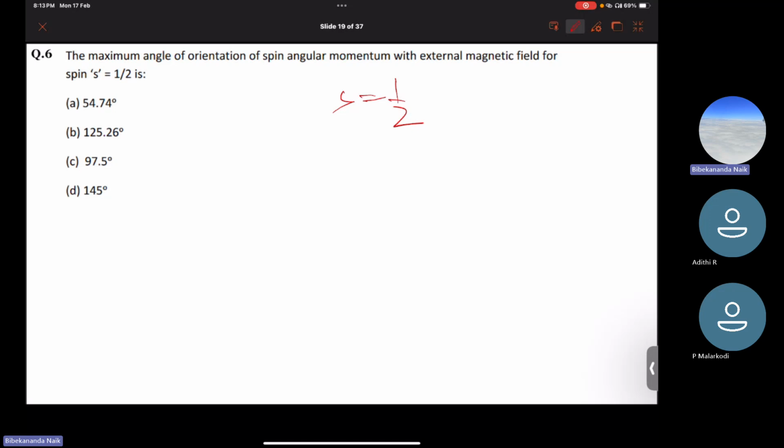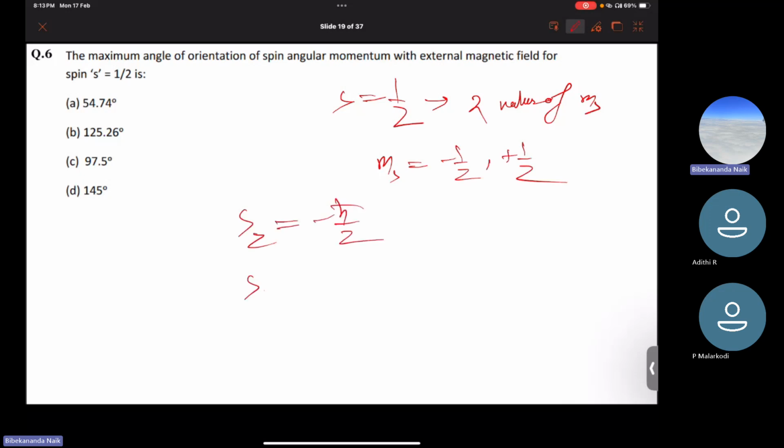So you see, for S equal to half, we have two values of ms. The values of ms are minus half and plus half. So Sz is minus h cross by 2 and plus h cross by 2. So S is root over half into half plus 1, times h cross.